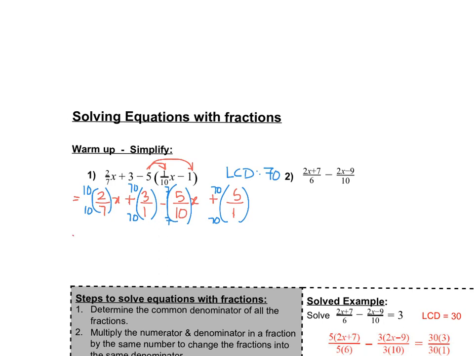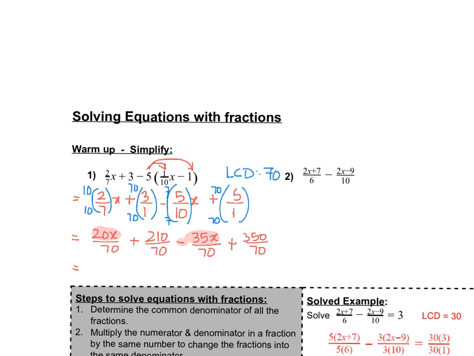Now we're going to continue simplifying. So this turns into 20x over 70 plus 210 over 70 minus 35x over 70, and this turns into plus 350 over 70. Now everything is over 70, so now we just have to put like terms together. So here, what are your like terms? Like terms are 20x and -35x.